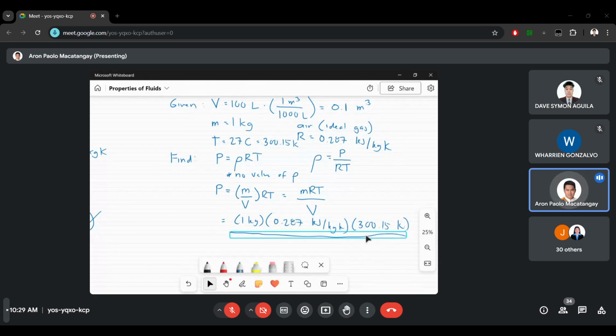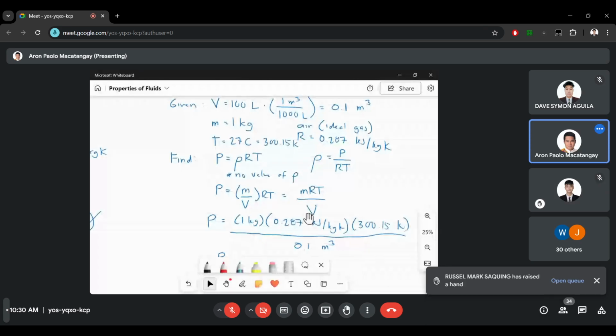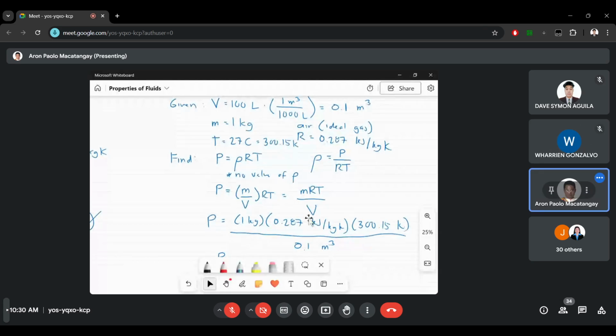All divided by the volume, which is 0.1 cubic meter. That is P. So we will get a value of pressure. And again, anyone solve this, please. In, anong sabi natin? Two decimal digits. Sino pong may answer?